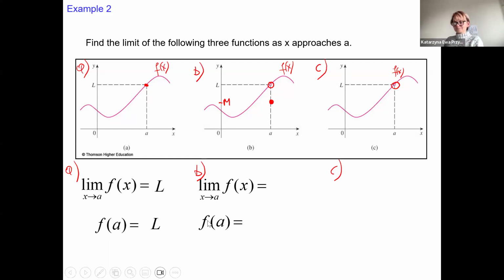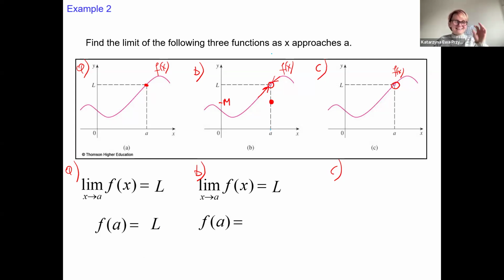Okay, what about this one? What is the limit, how does the function behave as x approaches A? Again, we can see almost nothing changed. The function is still approaching that. Now it's the open circle, but it doesn't matter. That circle is still at the level L. Perfect. What is the value of the function? No, we do have a solid dot, because how can we find the value? That's A, I can draw a vertical line, and if the line intersects the function at one point, that's the definition of a function.